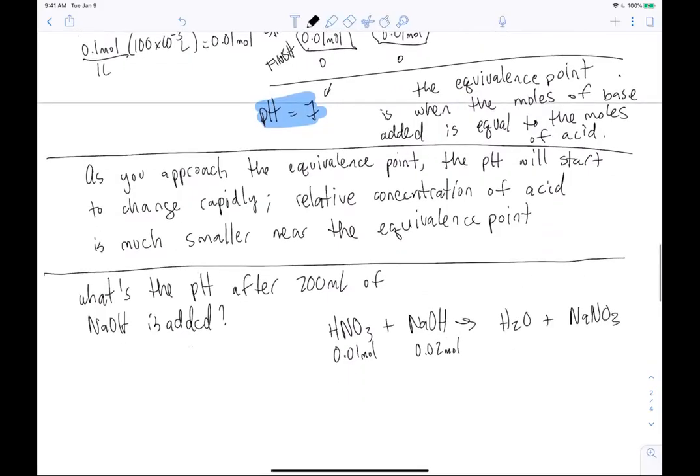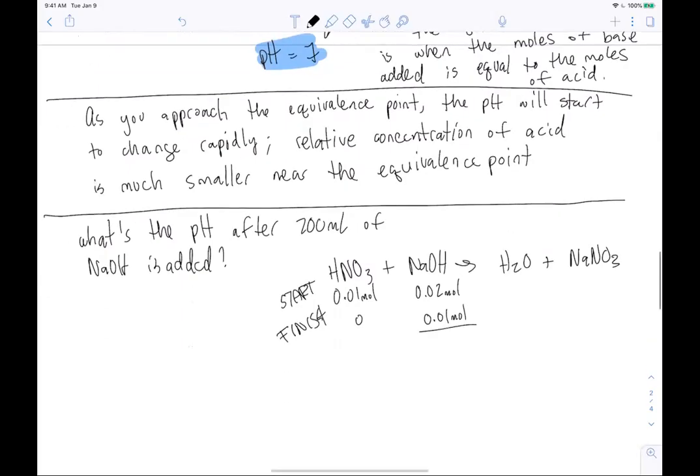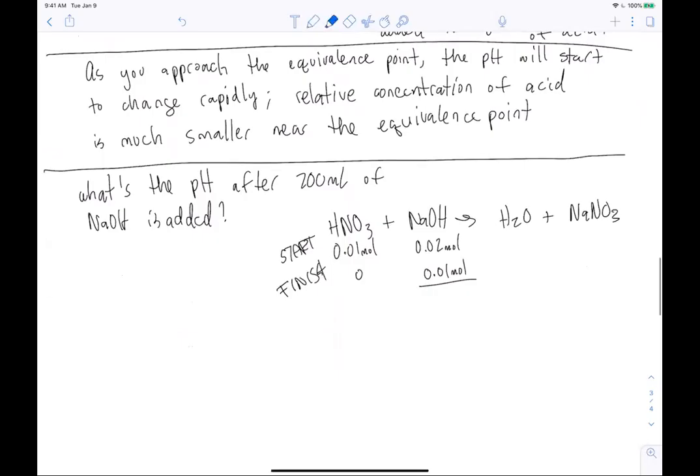So at the end of this, we're going to have 0 moles of nitric acid, but an excess of base. When we want to calculate our pH, we calculate it from this concentration of base. We have 0.01 moles of sodium hydroxide, and we've added 200 mL to the initial 50 mL, so we have 250 milliliters of solution.